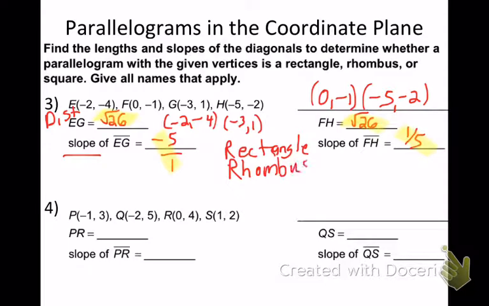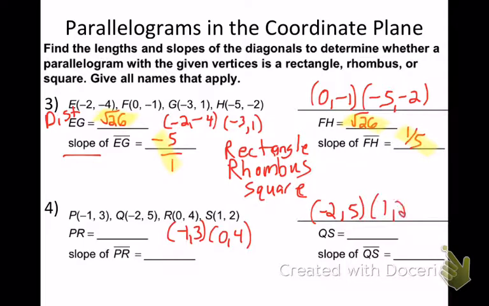And if it's both a rectangle and a rhombus, that means it's also a square. Square, nice job. All right, let's try number 4 as well. Take a couple seconds, try number 4 as well. Again, find the diagonals. You have -1, 3, 0, 4. And the next one, you had -2, 5, and 1, 2. So take a couple seconds and try number 4 on your own.